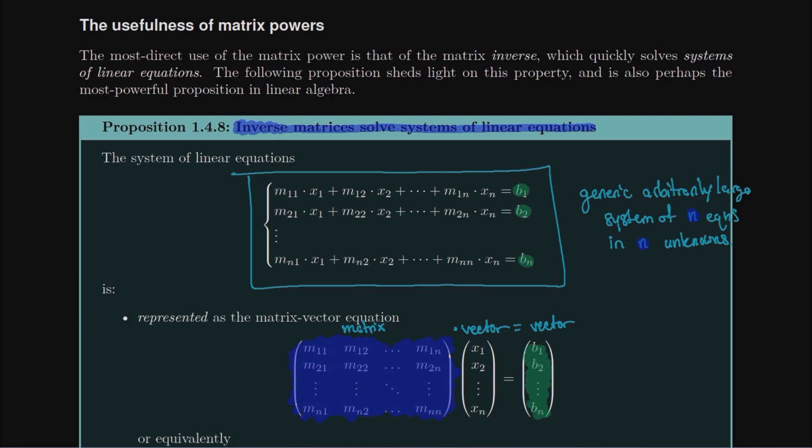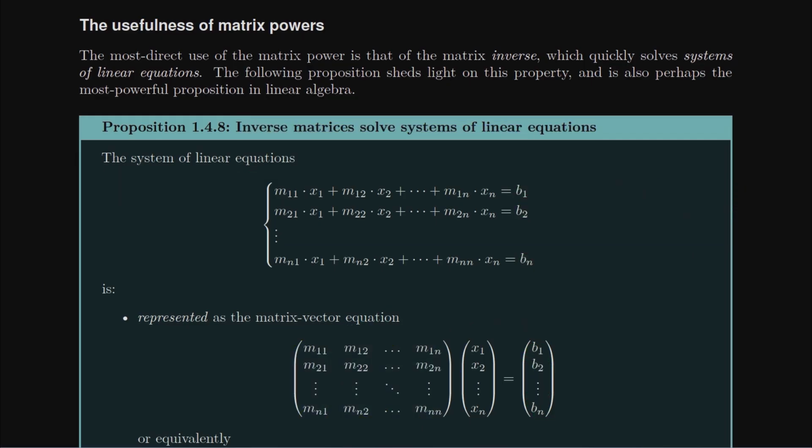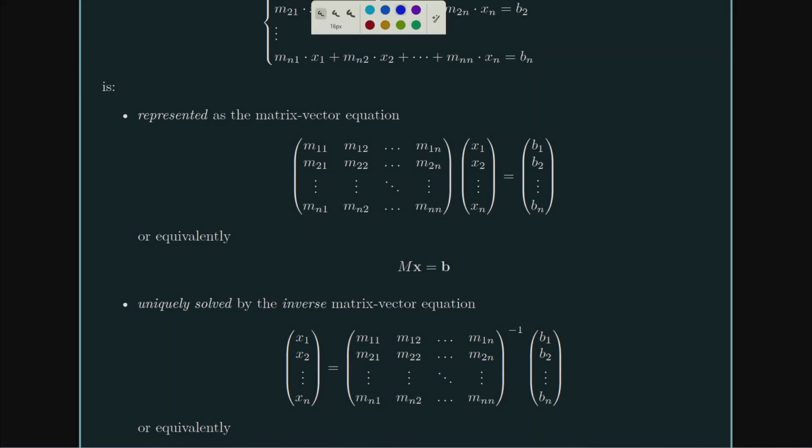So we've written out the system of equations now as matrix times vector equals vector, or equivalently, in maybe the nicest notation you've seen so far, Mx = b. This is really why linear algebra is important, because we can convert that giant system of equations, which is super ugly to write, down into a single equation, Mx = b, at which point it's quite easy, as long as M inverse exists, right?